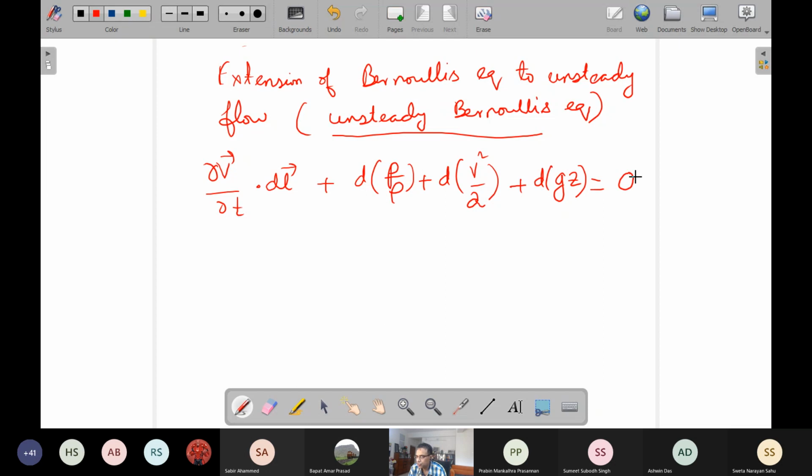Right hand side we are assuming 0 because of either of the three conditions which I have mentioned; let us assume that they hold. Out of the three assumptions, one is that dl is along a streamline. So let us take that as a specific example. Example 1, dl along a streamline. The other example, irrotational flow, we will take as example 2. First we will take dl along a streamline.